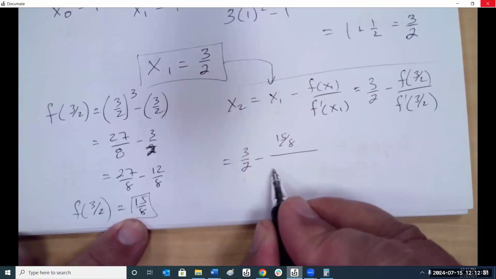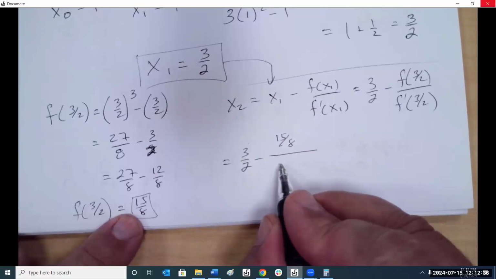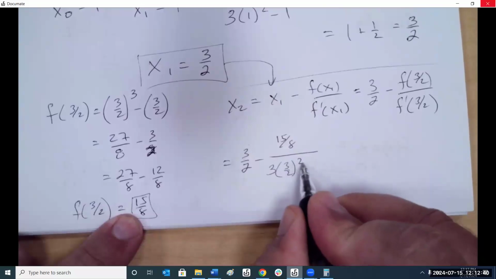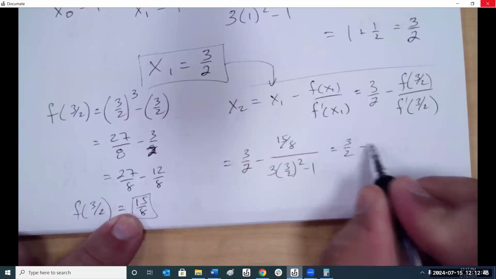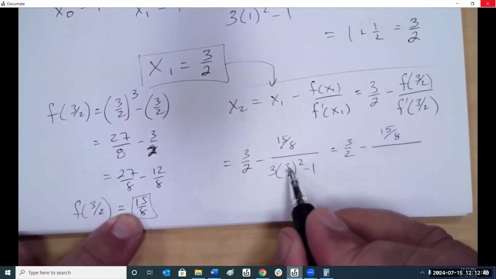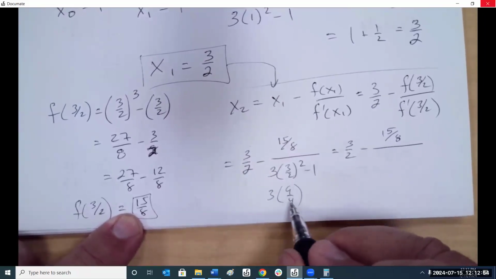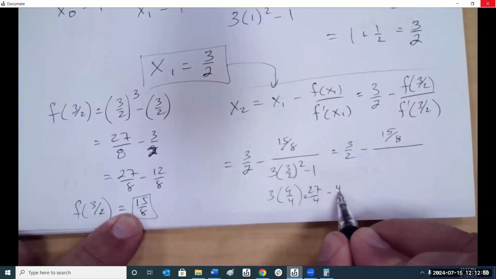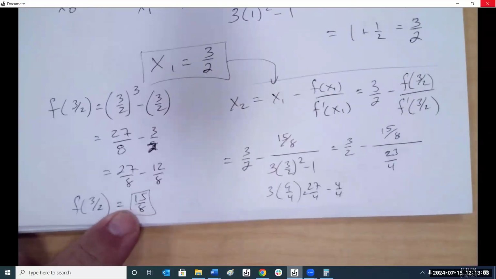F prime at 3/2: f prime was 3x squared. Three over two squared is 9/4, which makes it 27/4 minus 4/4, which makes it 23/4.